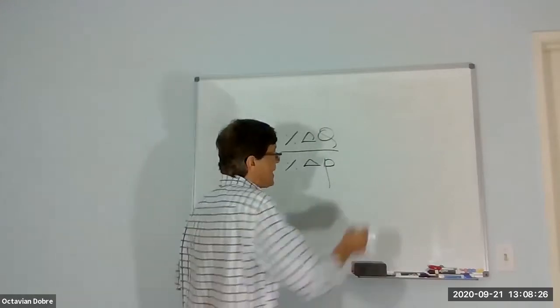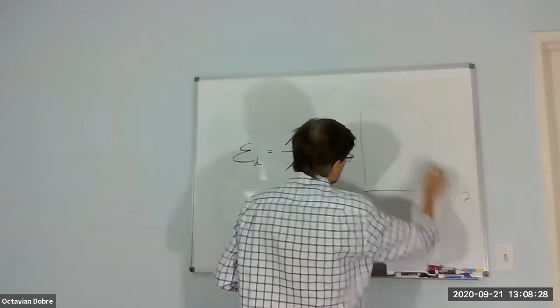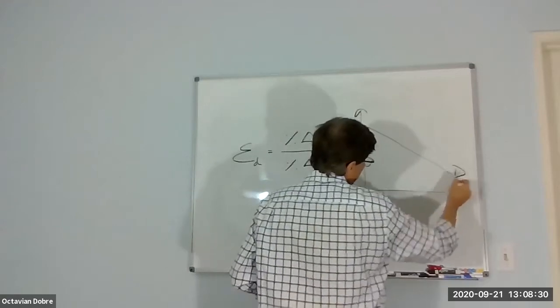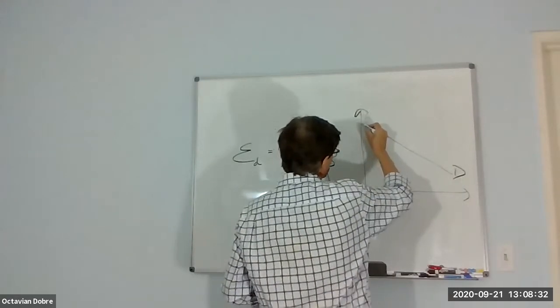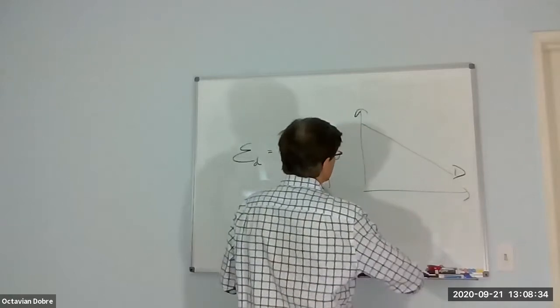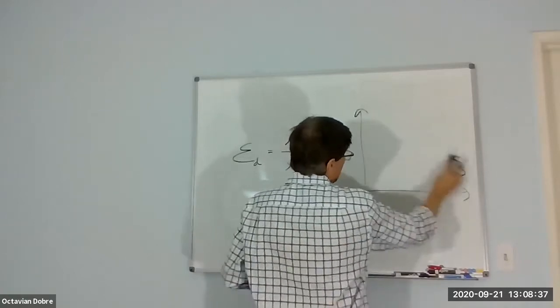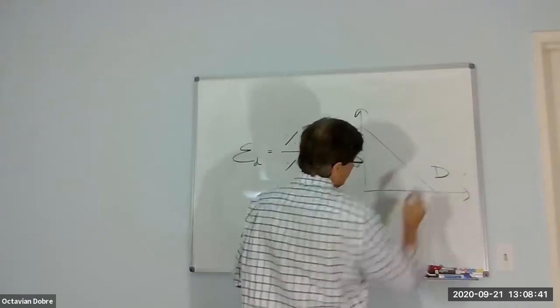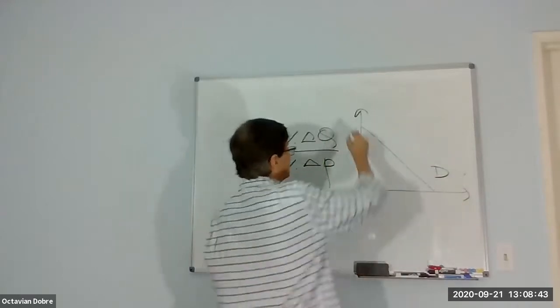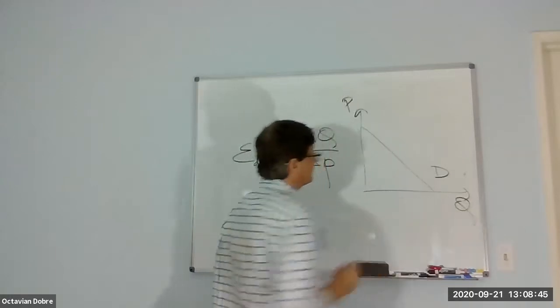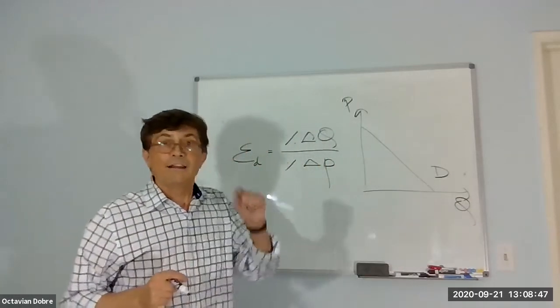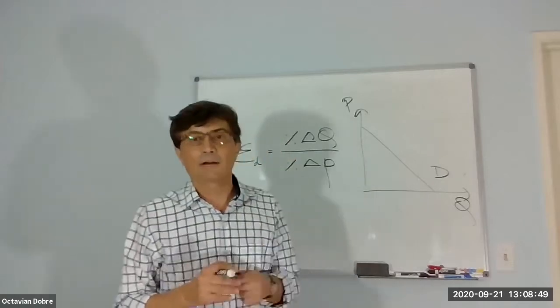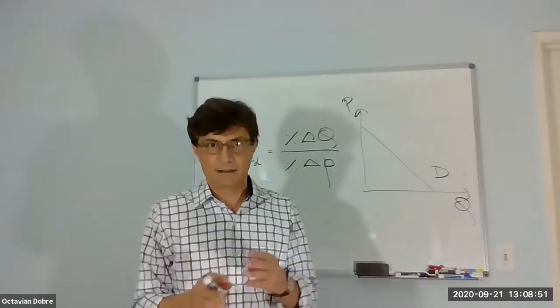Well, on a demand curve, here's a demand curve. Let me draw it again. There's a reason why I want to draw it again. Here, that's a demand curve. Price, quantity. Each and every point on that demand curve will have a different elasticity.